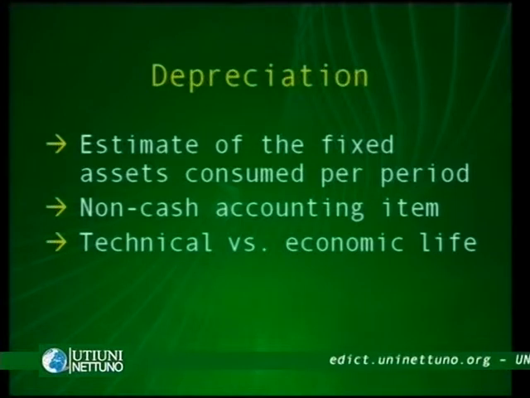For example, I could have a plant that has an expected technical life of 10 years, so the plant can be used for 10 years, but it can happen that the product becomes obsolete after 8 years. So even though the plant has a technical life of 10 years, it has an economic life of 8 years, because it's the maximum period I can use the plant before the product is not sold anymore. So in this case, the correct parameter to consider should be the economic life.